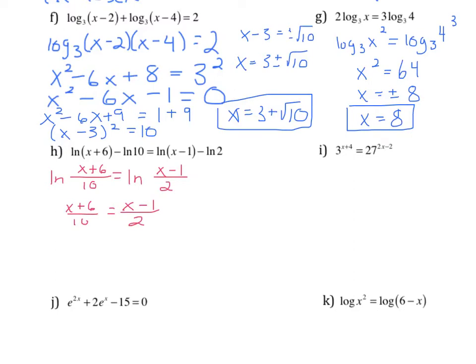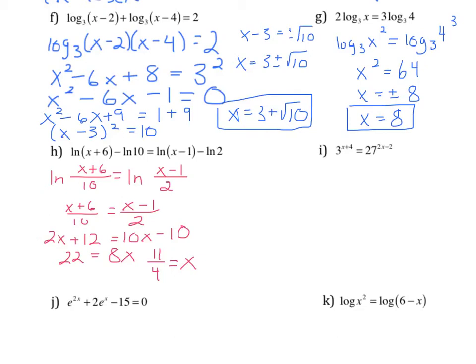So x plus 6 times 2 will be 2x plus 12, and x minus 1 times 10 will be 10x minus 10. And I am going to subtract 2x and add 10. So 22 will equal 8x, and then when I divide by 8 and simplify, I will get that 11/4 equals x. And 11/4, if we plug it back in, is a good answer.